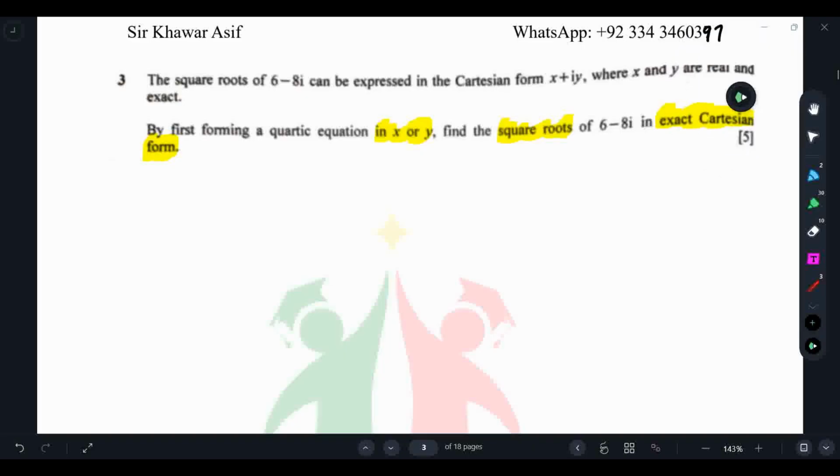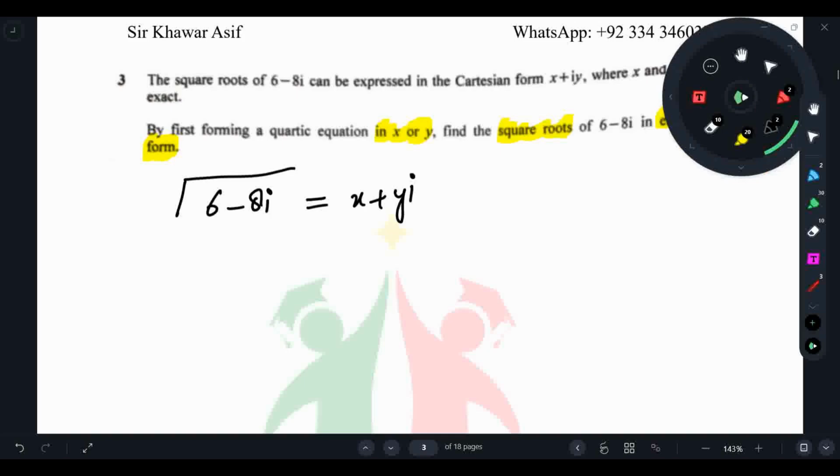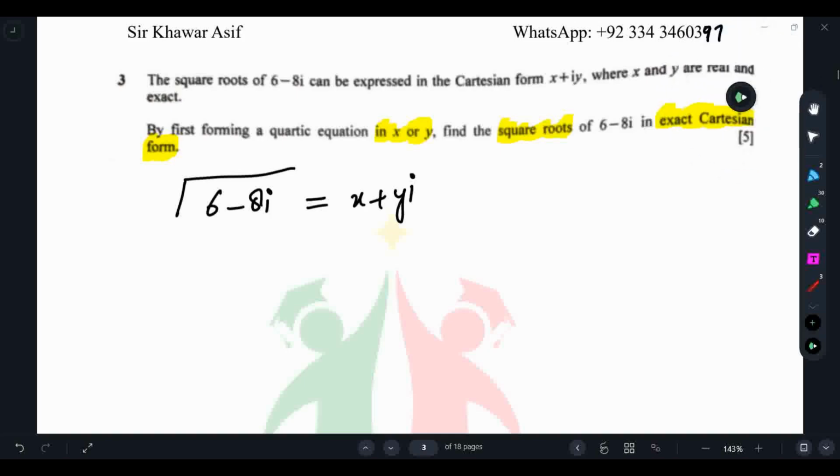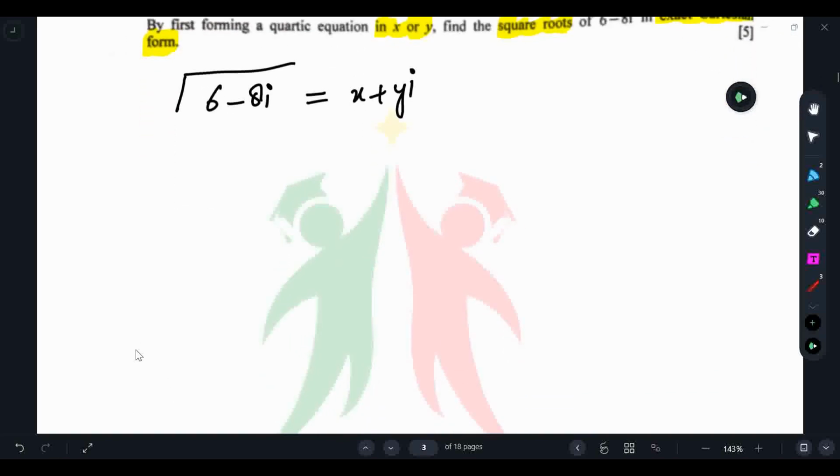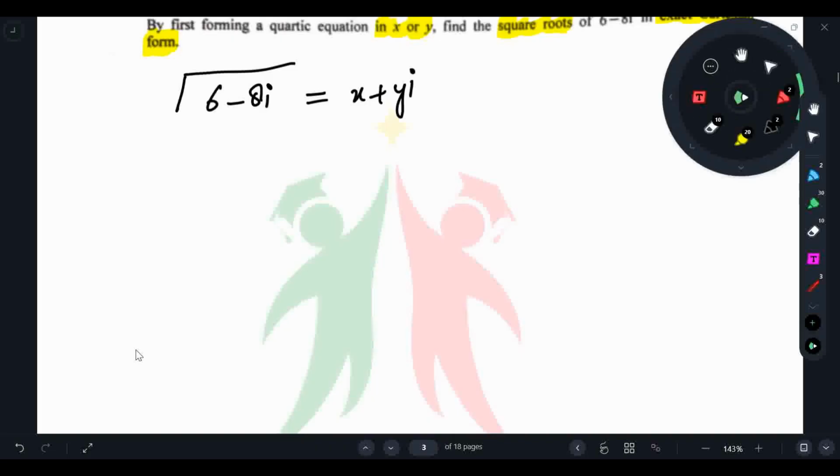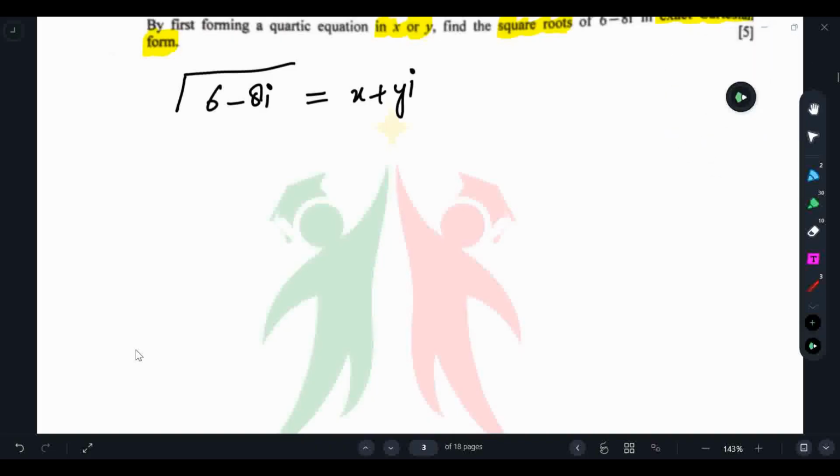Now the very first thing is the square root of this can be expressed in this. So it means that the square root of 6 minus 8i is equals to x plus yi. Now we have to find out the square root of this. So how we can simplify it: take square on both sides. So this will be 6 minus 8i is equals to x plus yi whole square.